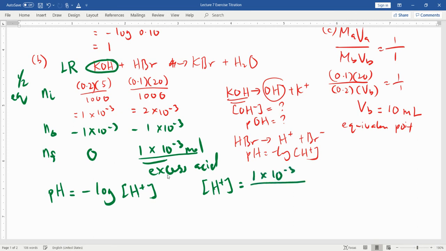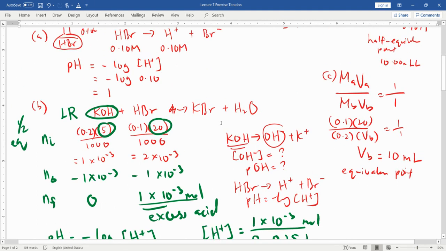Okay, but the volume is when both added together. It's not only acid only, it's acid and base. So it will become 0.025 liter. So our answer will be equals to 0.04 molar. So our pH will be equals to 1.4.